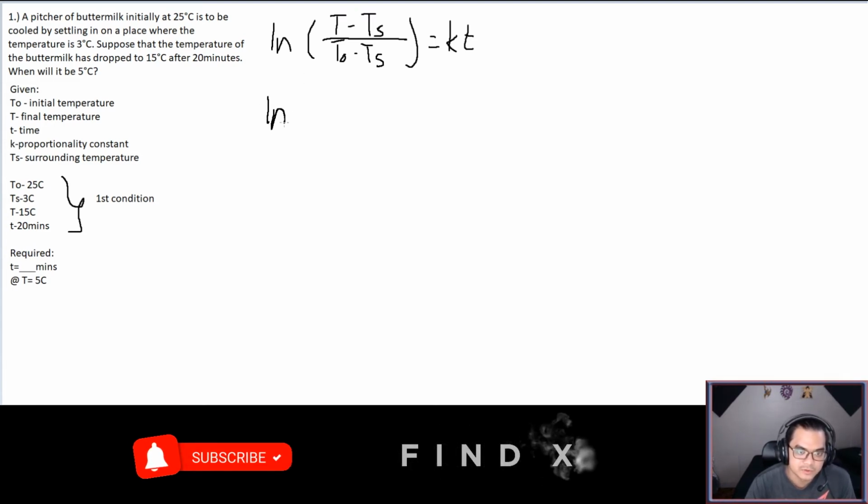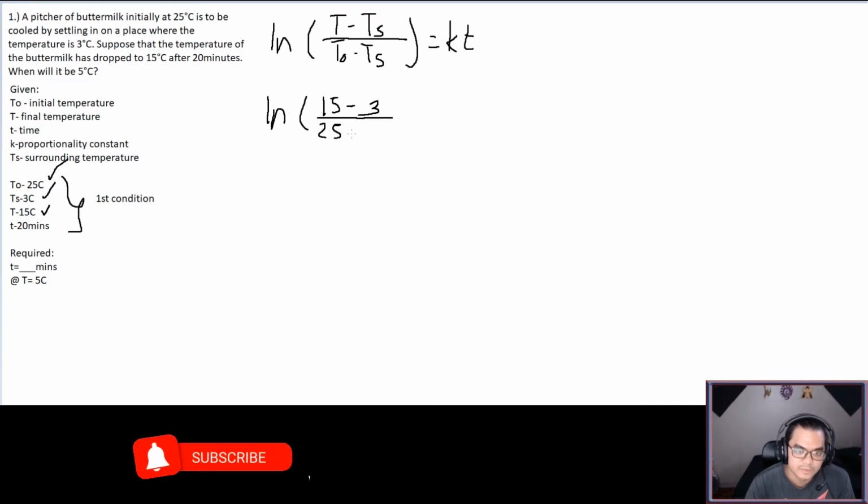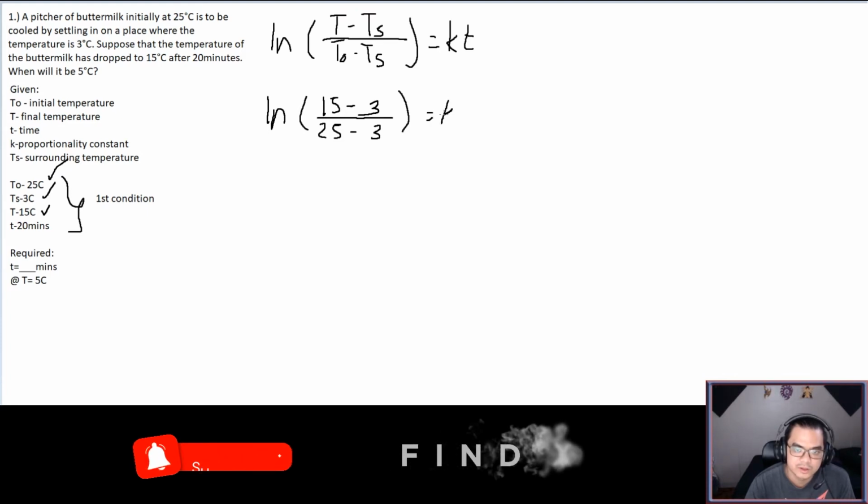So let's use the first condition to find the value of k. So ln, t is 15, so we have 15 minus TS, which is 3, and then TO is 25 minus 3 again, and this is equal to k times your t, which is 20 minutes.